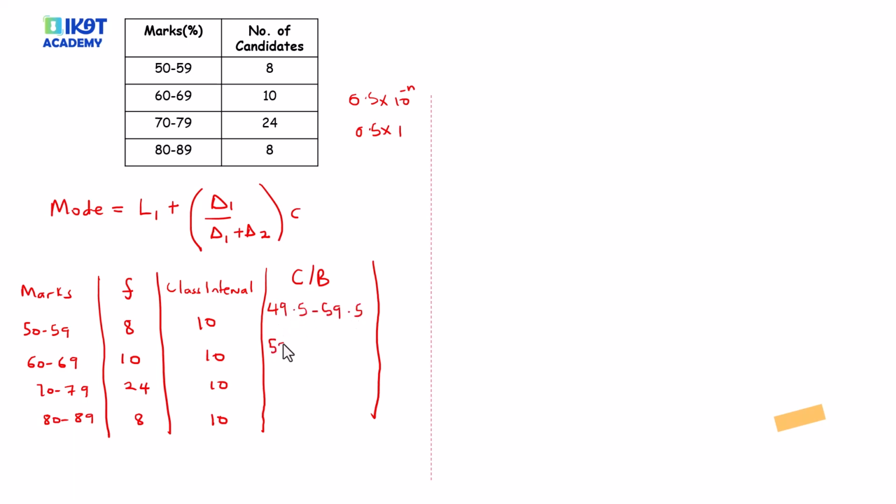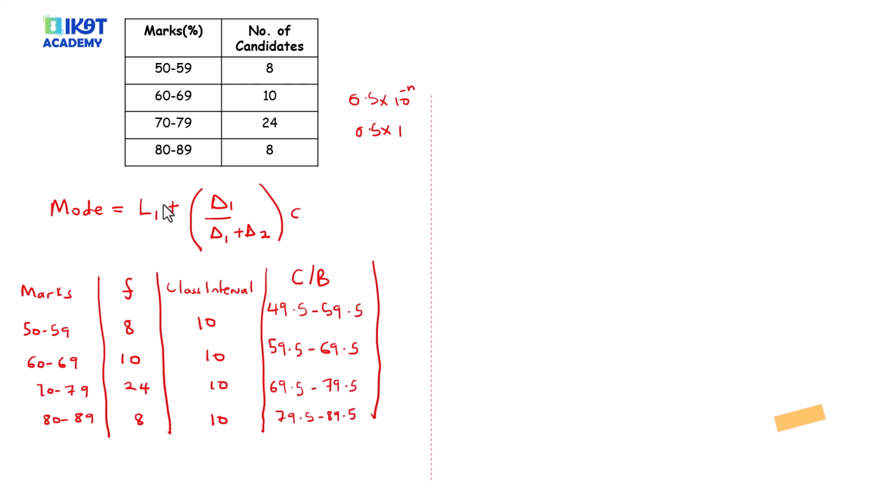Then here I'll get 59.5 to 69.5. Then 69.5 to 79.5. Then 79.5 to 89.5. So we have this, and now note the thing we said about class boundaries: they are continuous. So you see this is continuous with this, it's continuous with this, this is continuous with this.